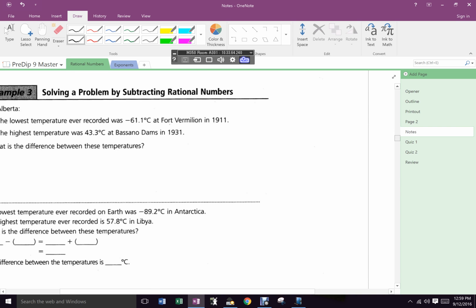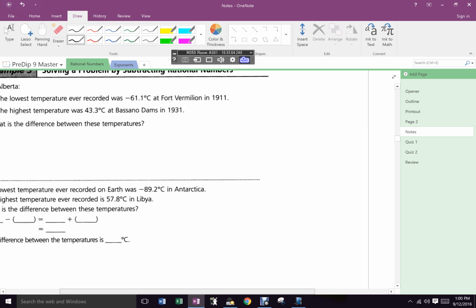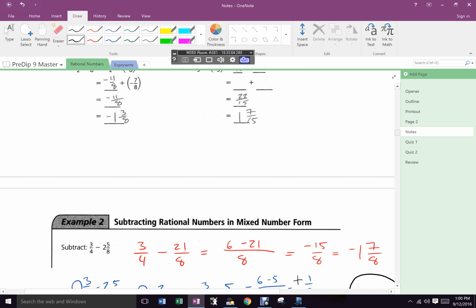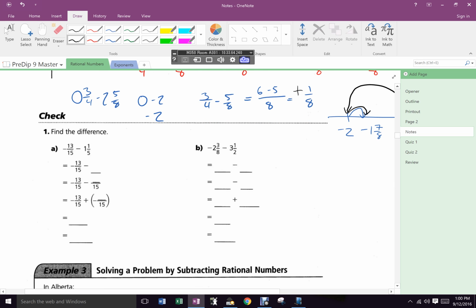And then you're going to do these two, and then you're going to work on the next thing on your outline for the rest of the block. So I'm going to do one of these with impropers, and the other one I'm going to do with the big numbers.